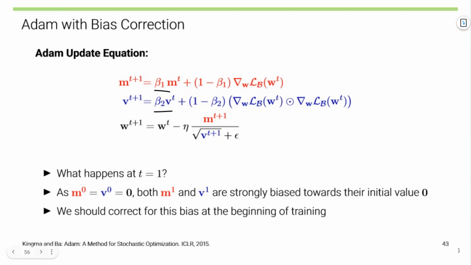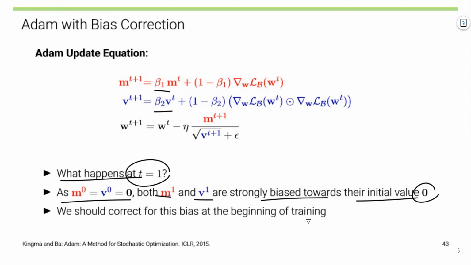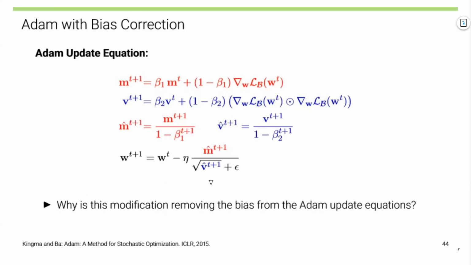And the thing is, what happens at t equals 1? Because we initialize both momentum and v as 0, both m1 and v1 are strongly biased towards their initial value 0. And we should correct for this bias at the beginning of training. And how do we do this? The solution is quite simple.